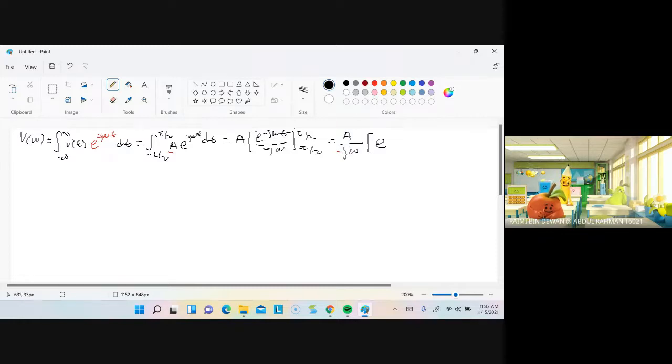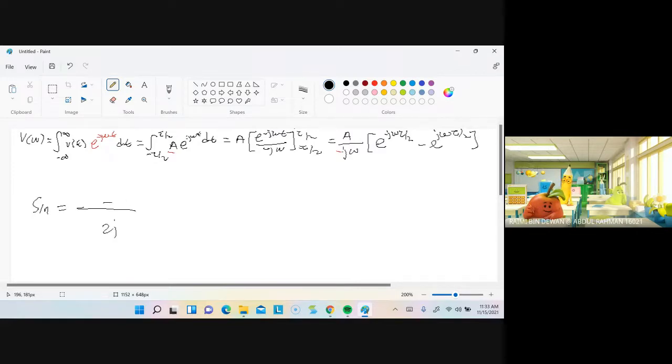Then you will have e to the negative j omega tau over 2 minus e to the j omega tau over 2, something like this. And you know from Euler's theorem that sine of something is this one minus that one, over 2j below.